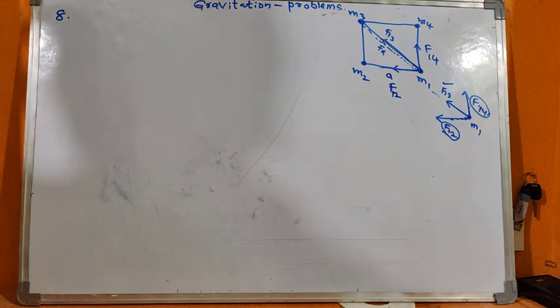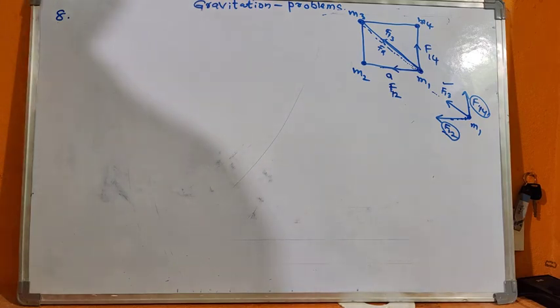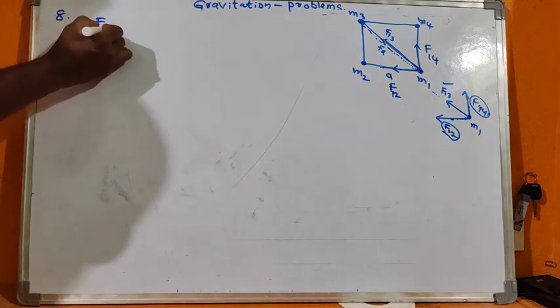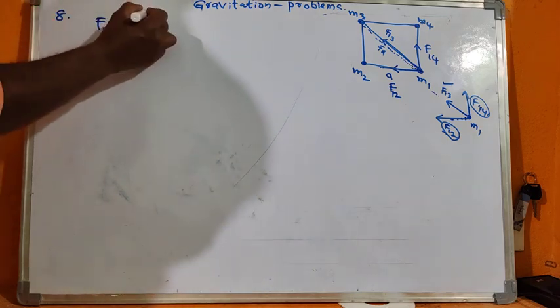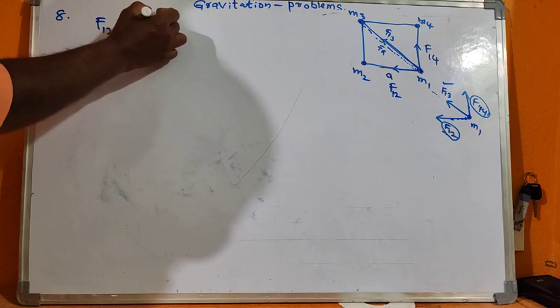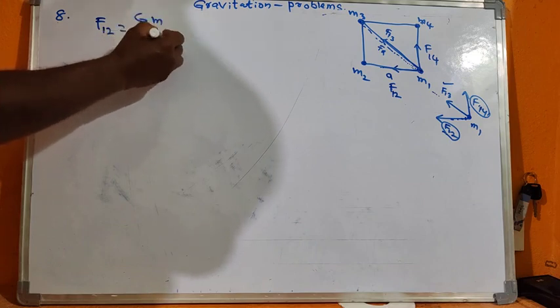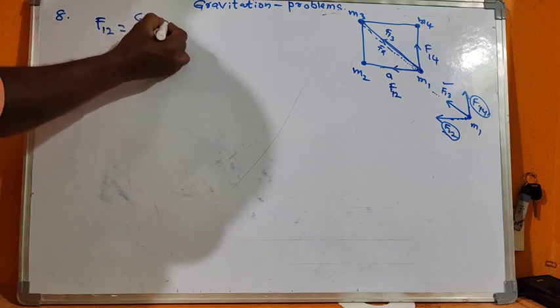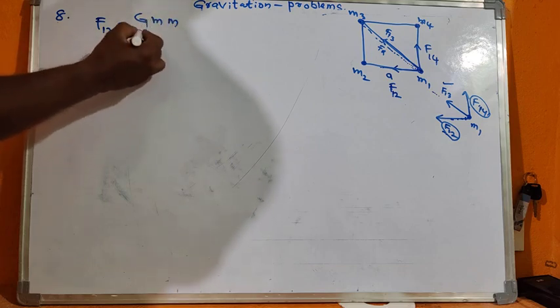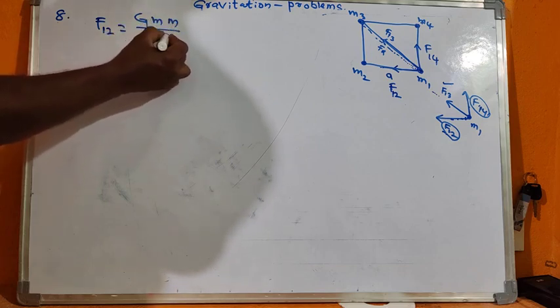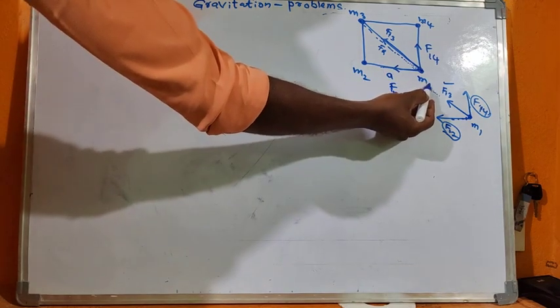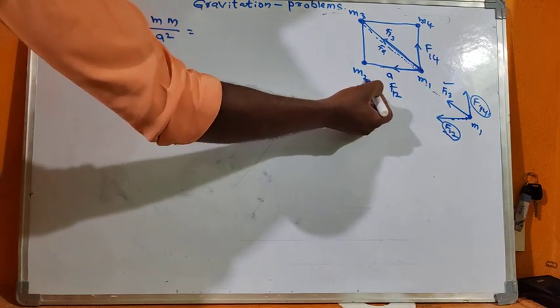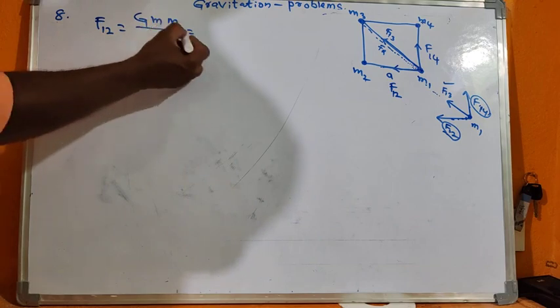So the total forces, write down here. F12, the force on 1 by 2, is equal to G, identical masses, so m1 is m and m2 is also m, by distance squared.